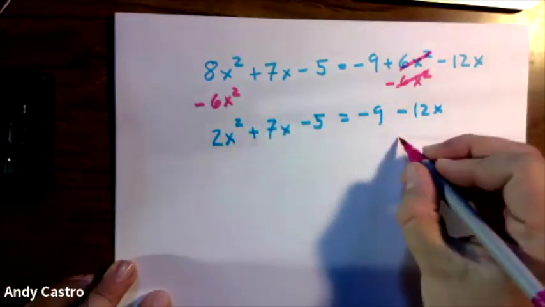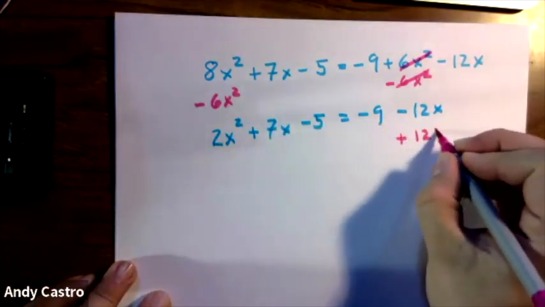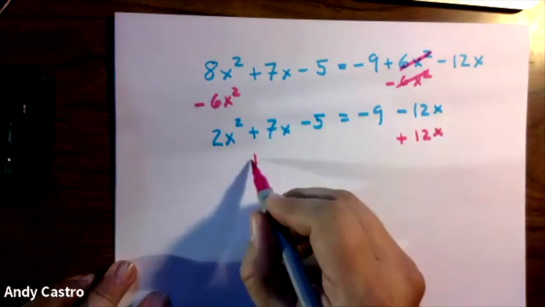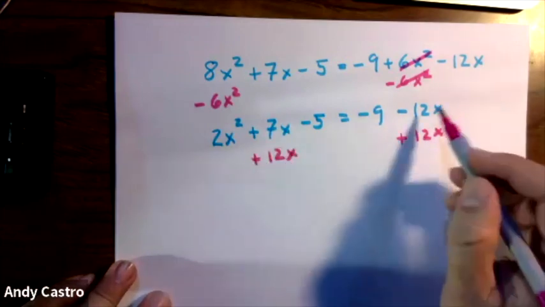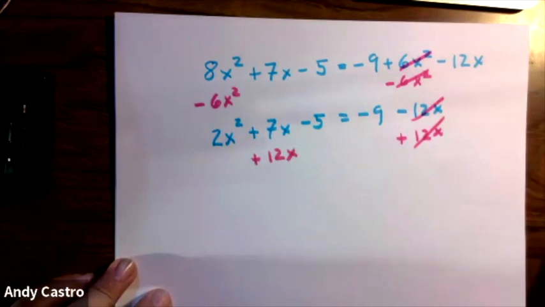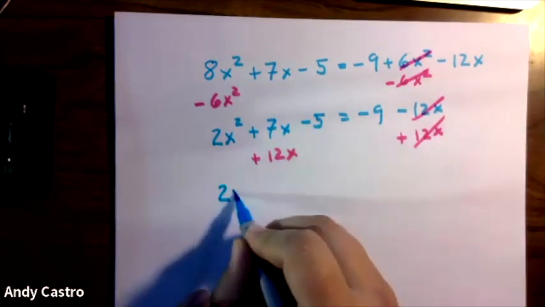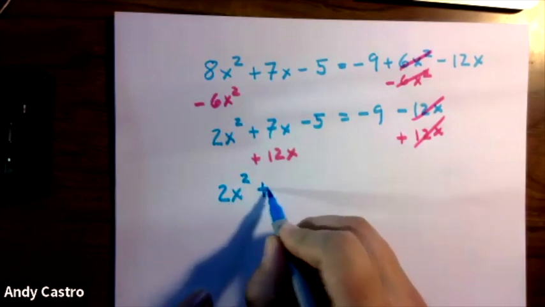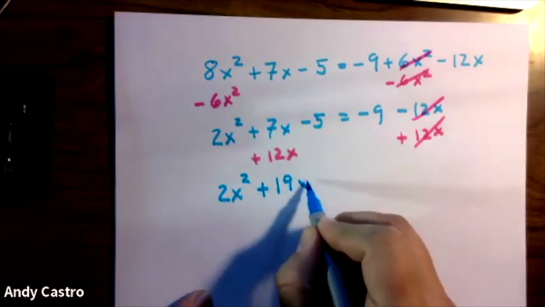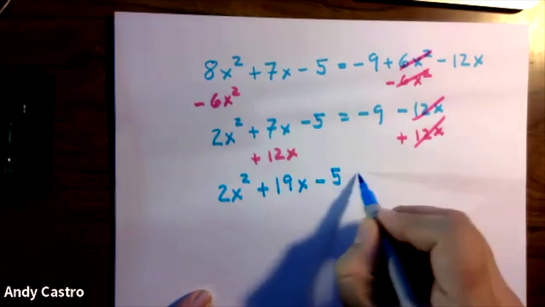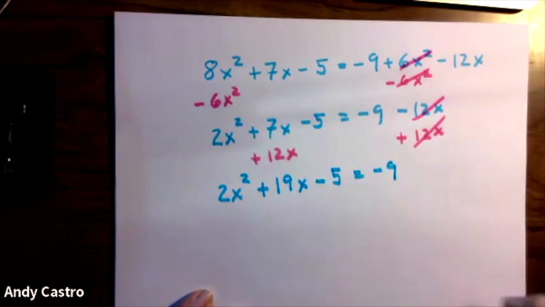So now I'm going to add 12x to both sides. Okay, so this leaves me with 2x squared plus 19x minus 5 is equal to negative 9.